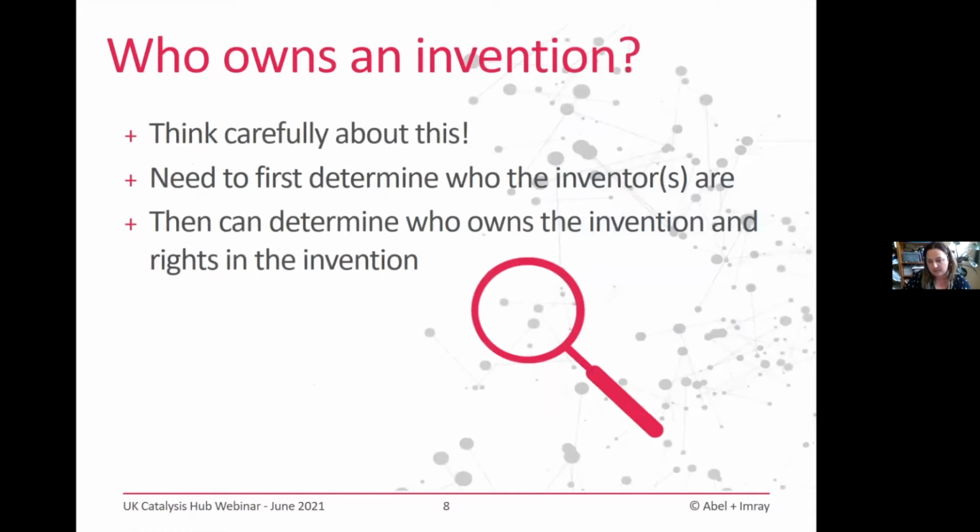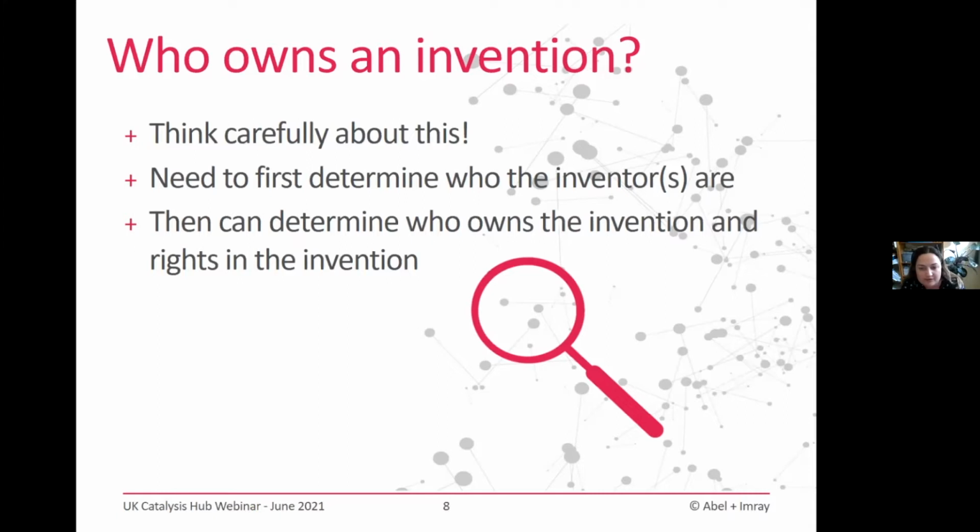So once we've thought about whether our invention is potentially patentable, then we also want to think about ownership of the invention. This is important because the person who owns the invention has the right to be granted a patent.